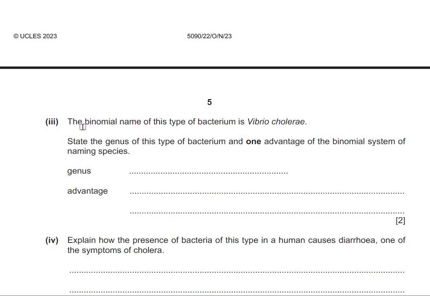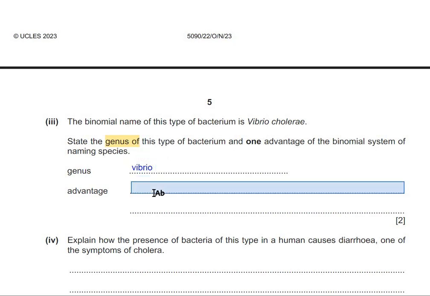Alright, so the next part says the binomial name of this type of bacterium is Vibrio cholerae. State the genus of this type of bacterium and one advantage of the binomial system of naming species. Always remember that the first part of the name of a species is known as its genus. So the genus is Vibrio.